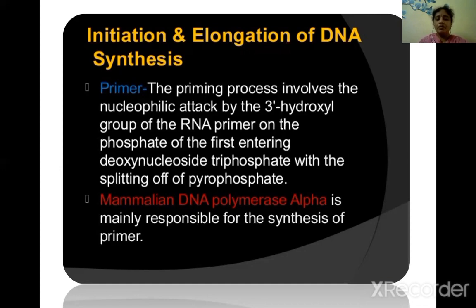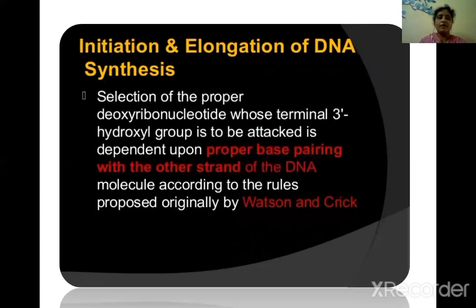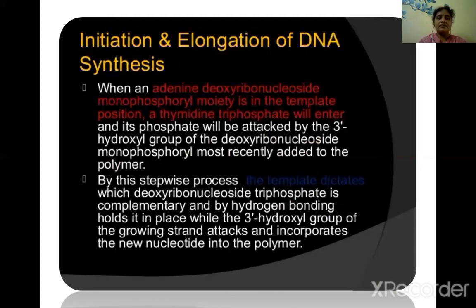Mammalian DNA polymerase alpha is mainly responsible for the synthesis of the primer. Next, selection of the proper deoxyribonucleotide whose terminal 3' hydroxyl group is to be attacked is dependent upon proper base pairing with the other strand of the DNA molecule according to the rules proposed by Watson and Crick.